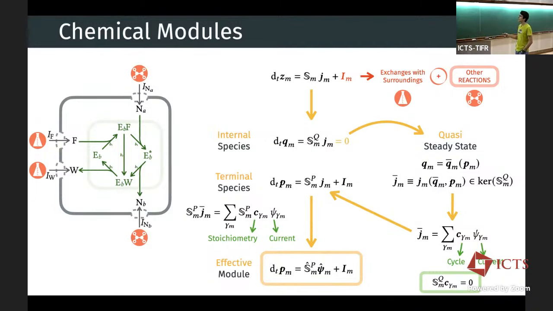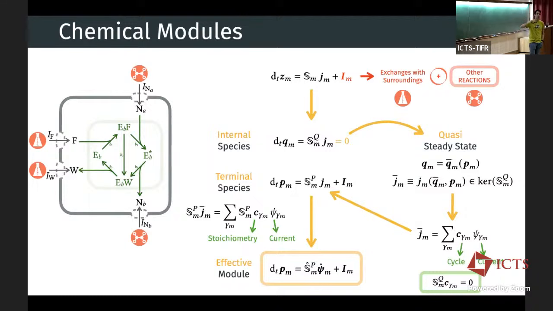Well, this is like the steady state current of the dynamical rate equation for the internal species. And so we can write it as a linear combination of cycles, the same cycles Massimiliano introduced, because J must be a right null vector of the sub-stoichiometric matrix for the internal species. So we can write it as a linear combination of cycles, exactly like yesterday.